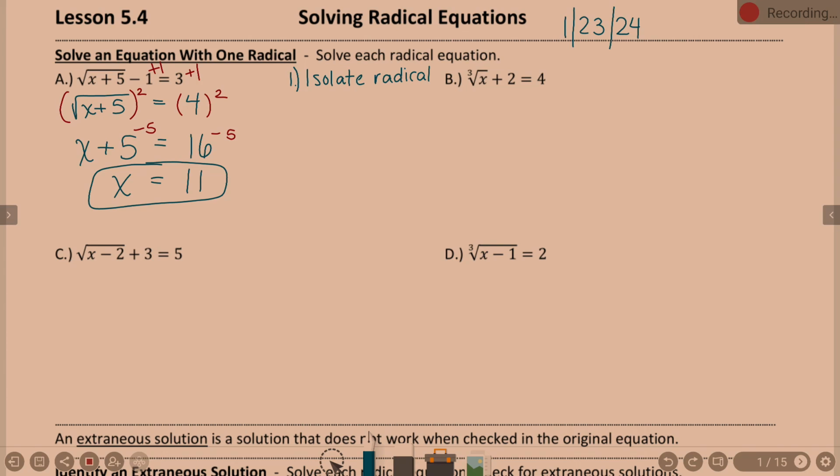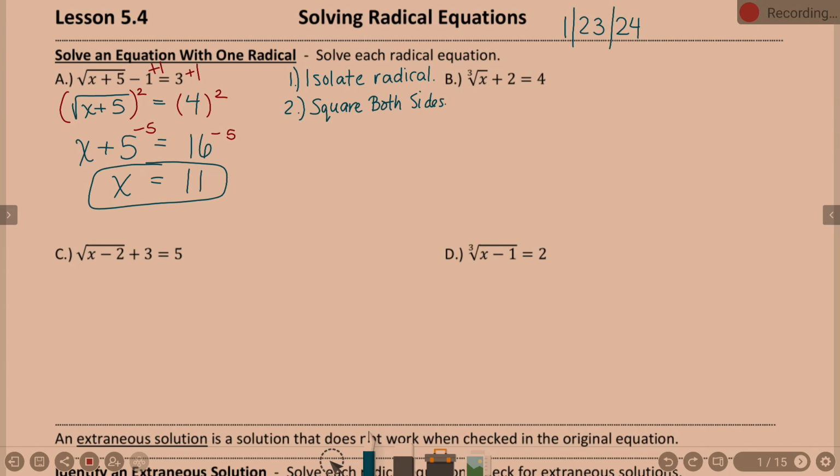And then after that, your job is to get rid of the radical. So in this case, we squared both sides. Your job will be to square both sides. We'll talk in upcoming steps, it won't always be to square both sides, not necessarily, because they won't always be square roots.